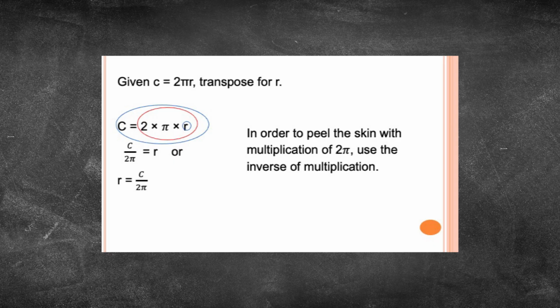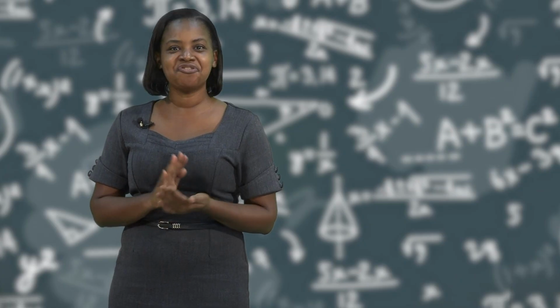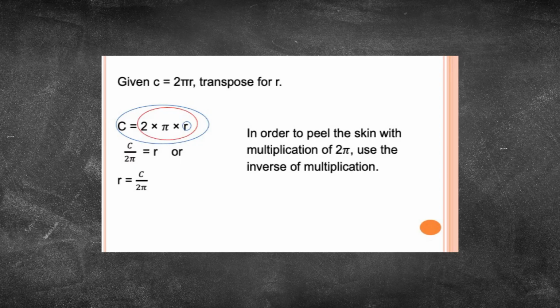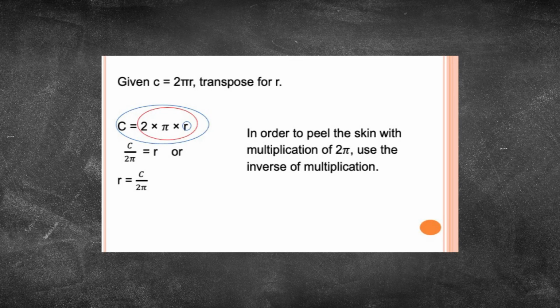What is the inverse of multiplication? Did you say division? Fabulous! So now we have C divided by 2 pi is equal to r. See how easy that was? Or we can also say r is equal to C divided by 2 pi.